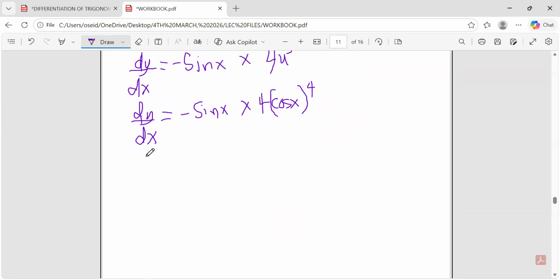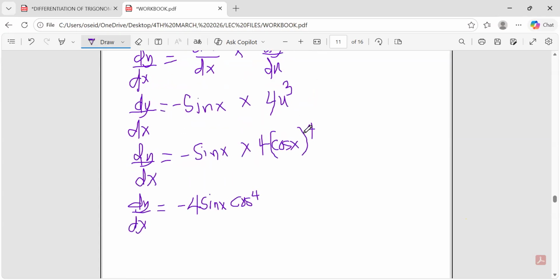So you have dy/dx to be equal to 4 times the negative, so we get negative 4 sine x, 4 sine x cos 4x.